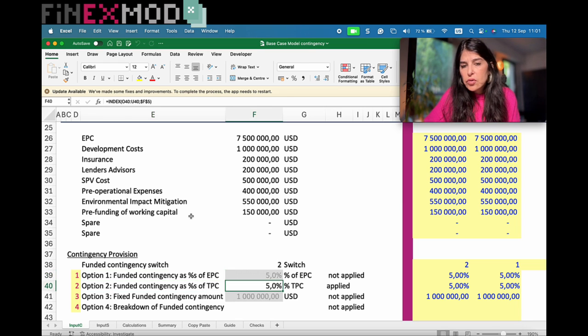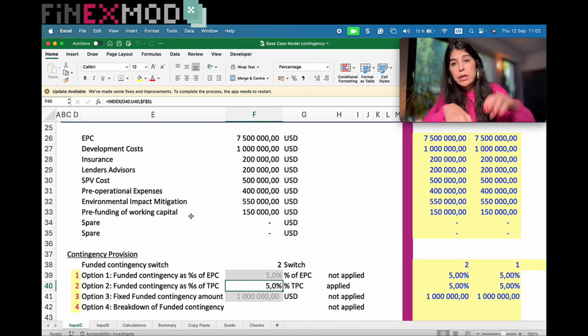Some other lending institutions basically advise to have contingency not only on the capex, on the base cost, but also on the financing cost, like interest during construction, commitment fee, upfront fee, and all those fees, because it's true that there might also be some risks of cost overrun when it comes to financing costs.